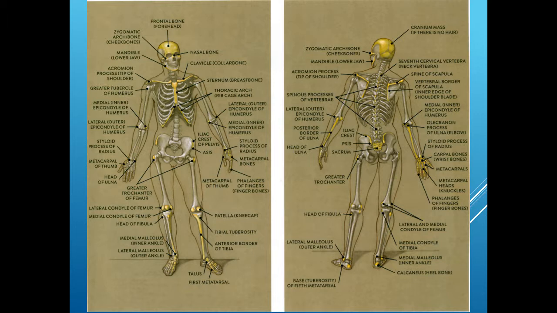Let's see a couple others. Some other things that you'll be able to pick out really well is this iliac crest of the pelvis right there. You can feel that's kind of the bone that sticks out, and that's the bone that our belt hangs on in order for us to keep our pants pulled up so they don't fall down.